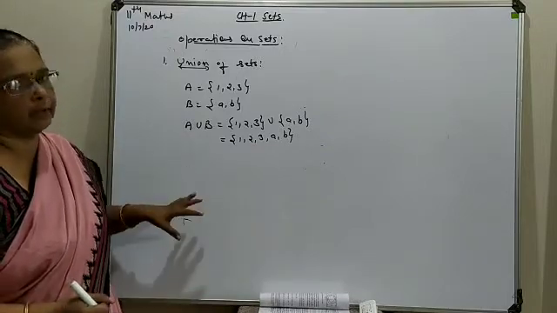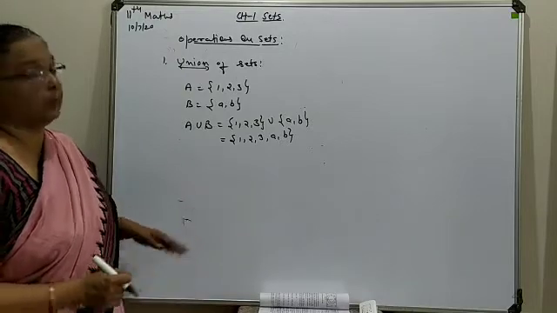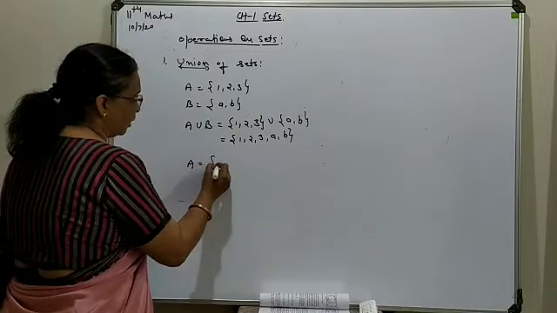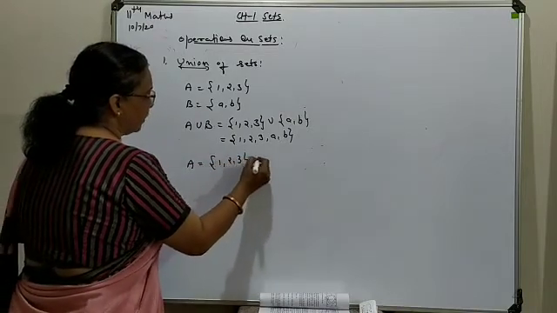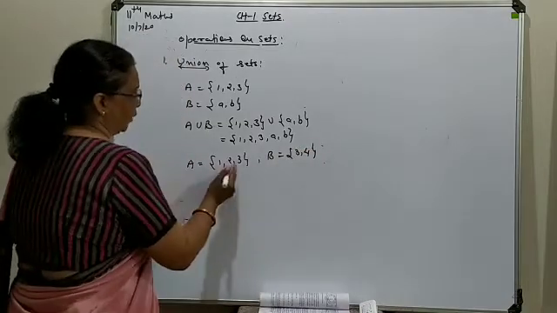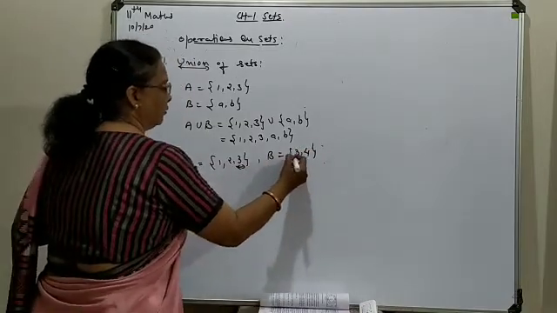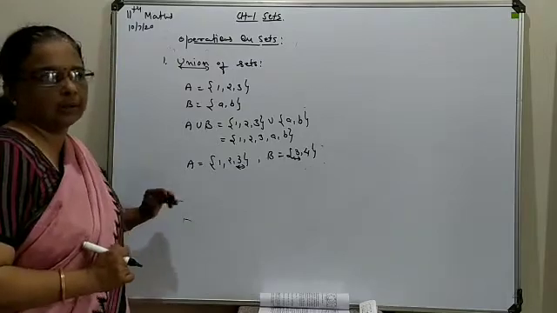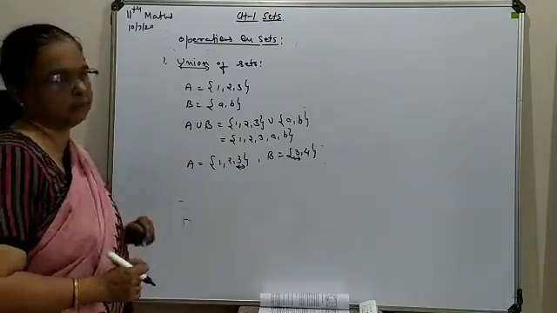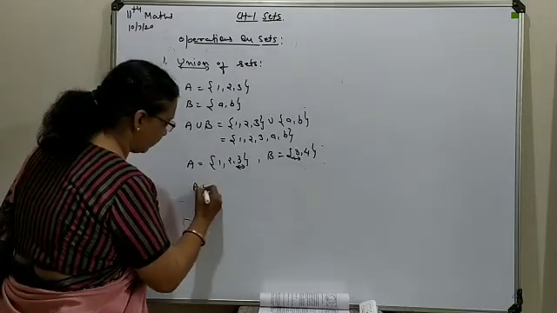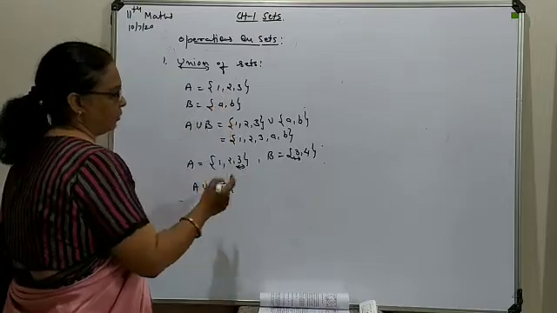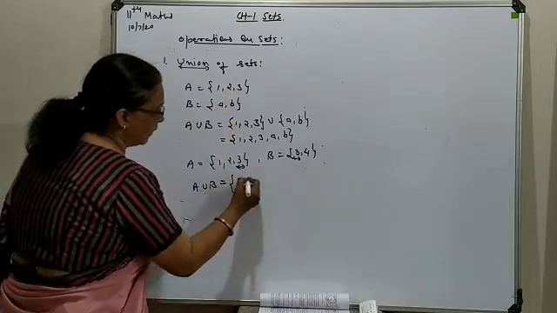In this one we have somewhat common elements. Just look at the combination: A is 1, 2 and 3. Suppose B is 3 and 4. What I told you just now: if there is a common element between the sets on which you perform union, you write the repeating element once only, so make them combined.